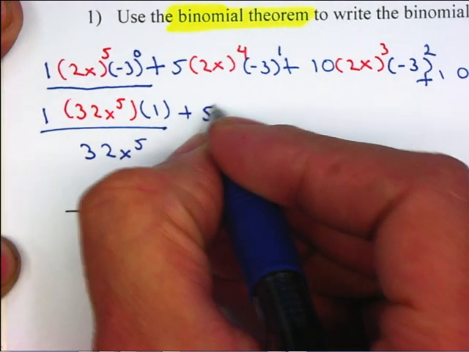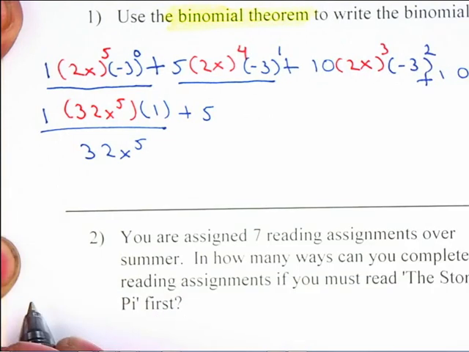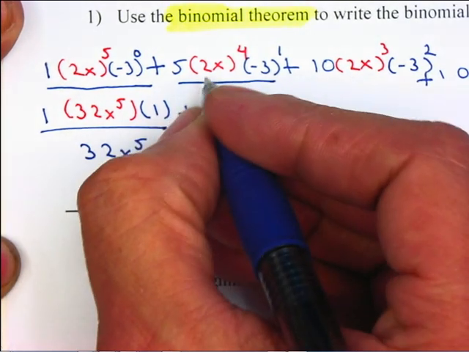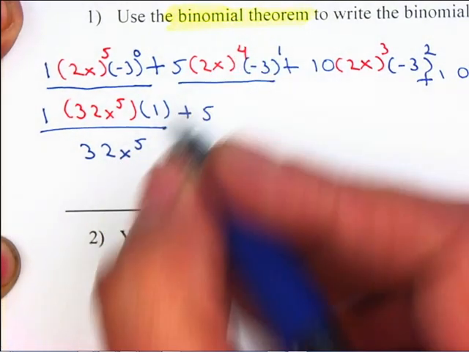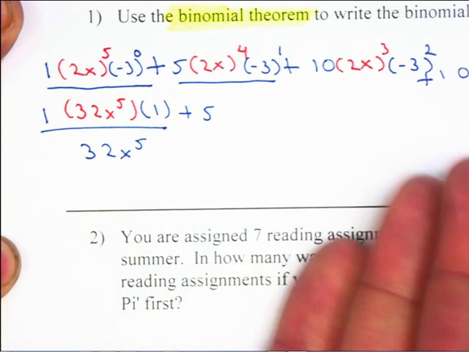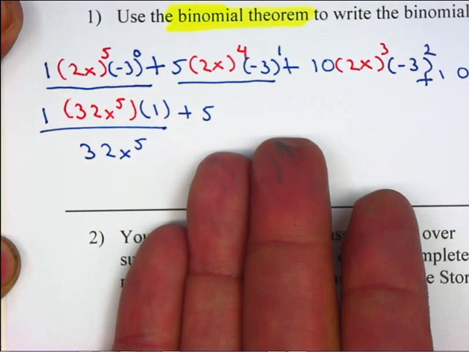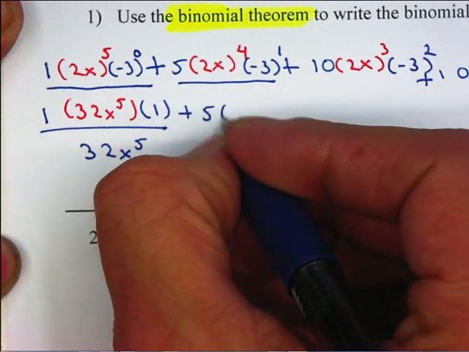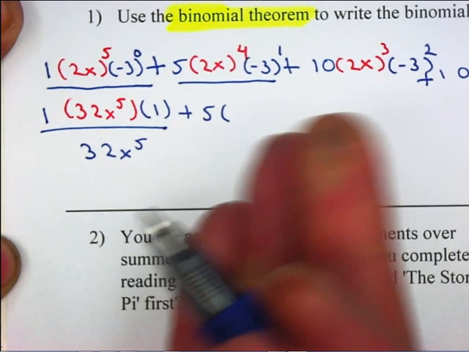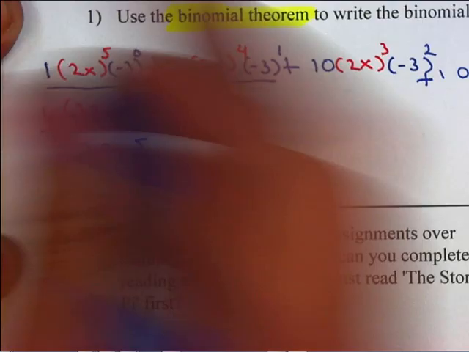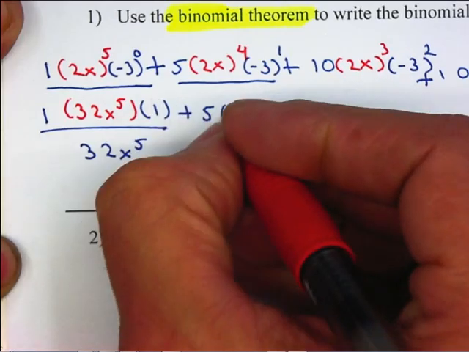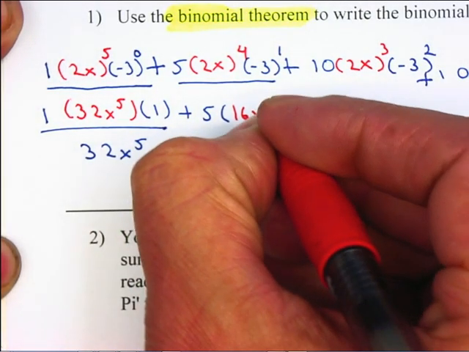Let's bring down the 5. We're going to simplify the next term. 2x to the 4th power will be 2x times 2x times 2x times 2x. That'll be 2, 4, 8, 16. That will give me 16x to the 4th power.